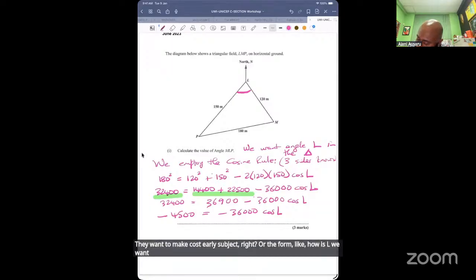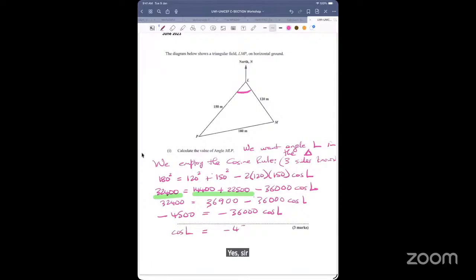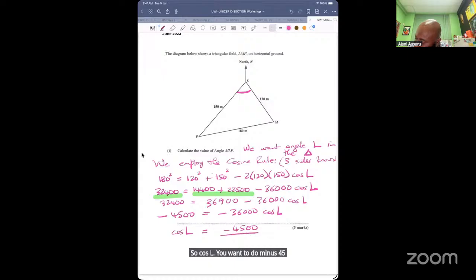So cos L is equal to minus 4,500 divided by minus 36,000, correct? Yes, sir.